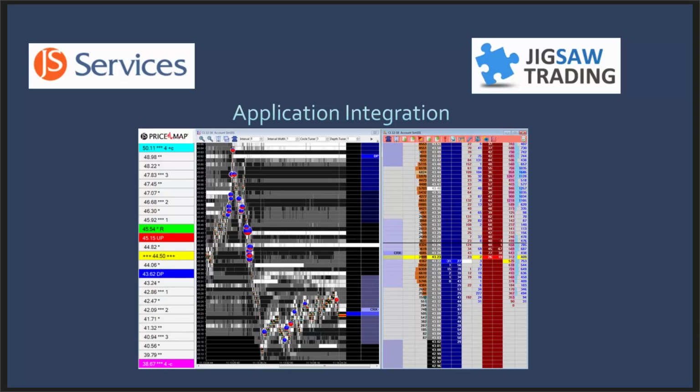But John, can I just interrupt a second? We're still seeing the application integration slide. Did you move forward? No, it just still says application integration. It's still the first slide you had up. Maybe you kill the screen share and start it again.